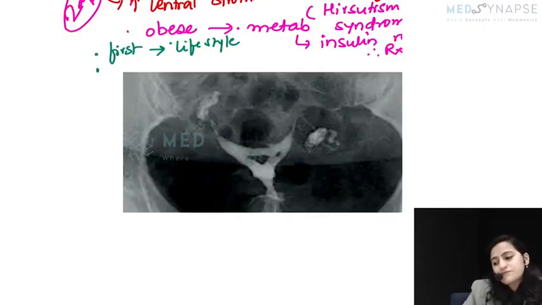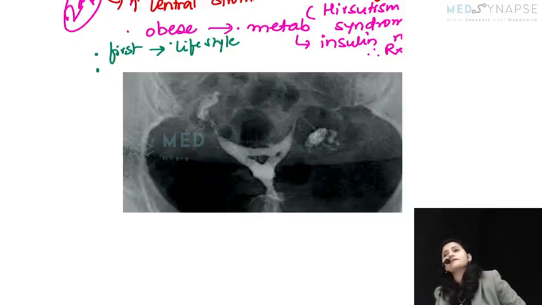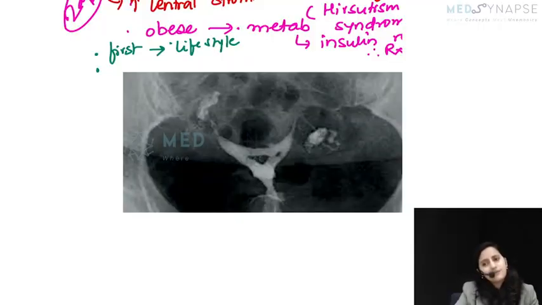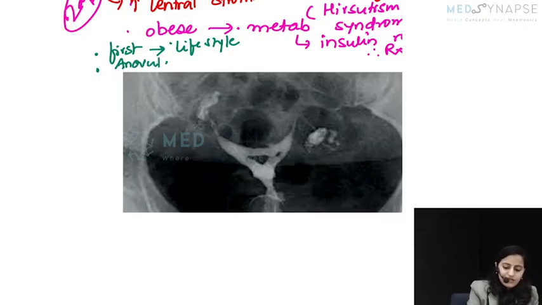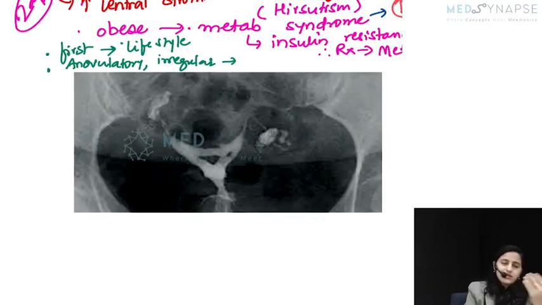Does PCOS patient have irregular cycles? Yes. Painful or painless? Painless. Why painless? Anovulatory. The anovulatory cycles are painless cycles. It is irregular cycles. So to regularize the cycles, what can we give?